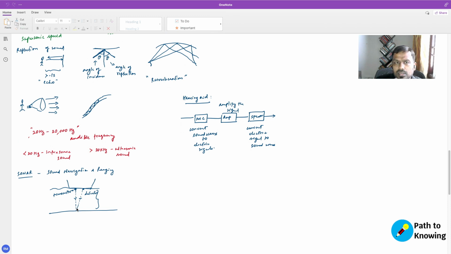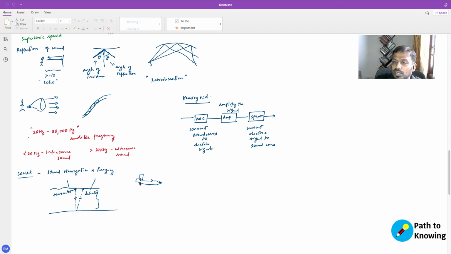This is a common usage of ultrasound. Typically, bats also emit ultrasound waves to spot their prey, just like your sonar device.